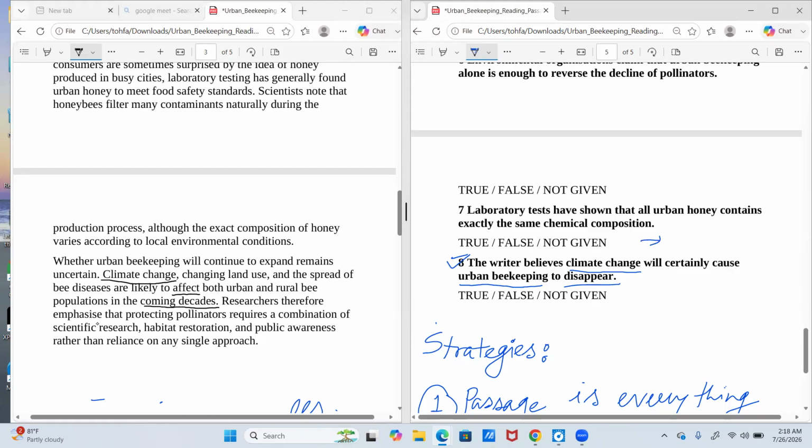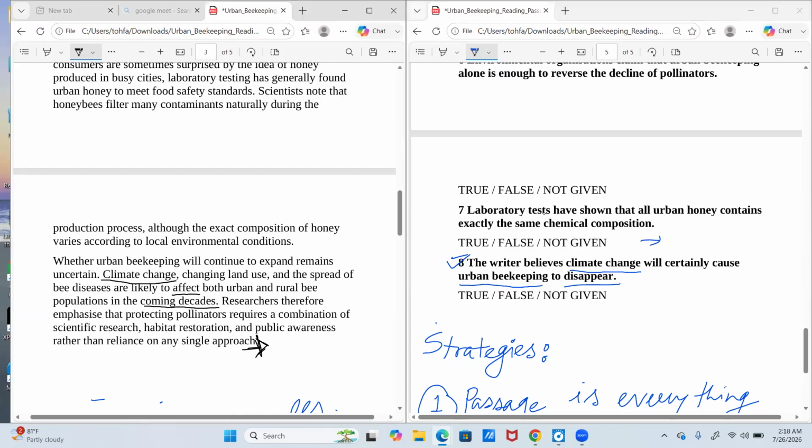So, researchers therefore emphasize that protecting pollinators requires a combination of scientific research, habitat restoration, and public awareness rather than reliance on any single approach. So they are also encouraging taking different initiatives so that the bee population is protected.